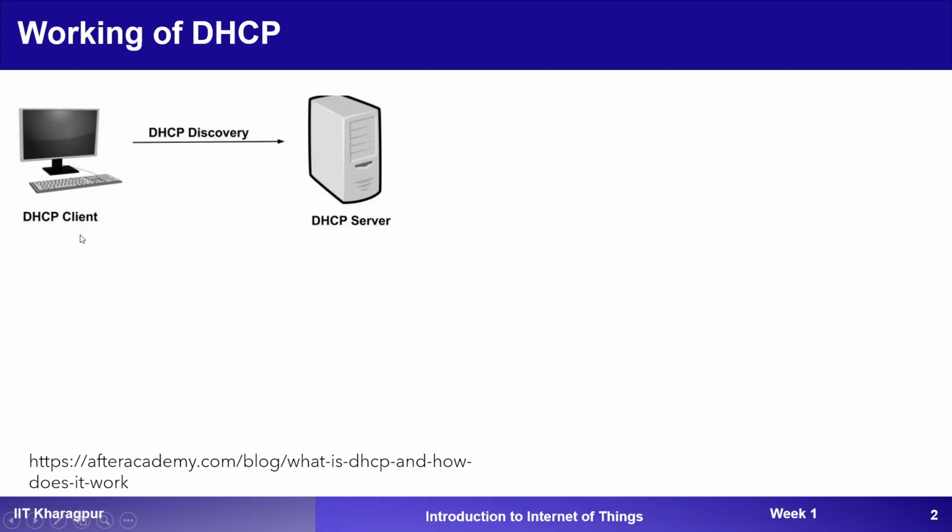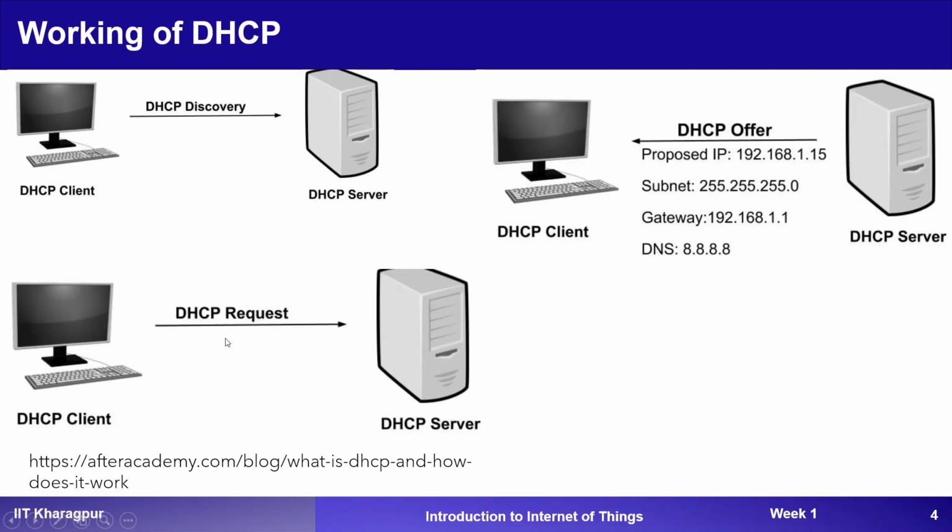After that, the DHCP server will reply with the proposed IP address. But in the network, there may be more than one DHCP server present. So basically, this DHCP client has to select a particular DHCP server with the proposed IP address, and once the DHCP client accepts that particular DHCP server, it will again send a DHCP request to that particular DHCP server.